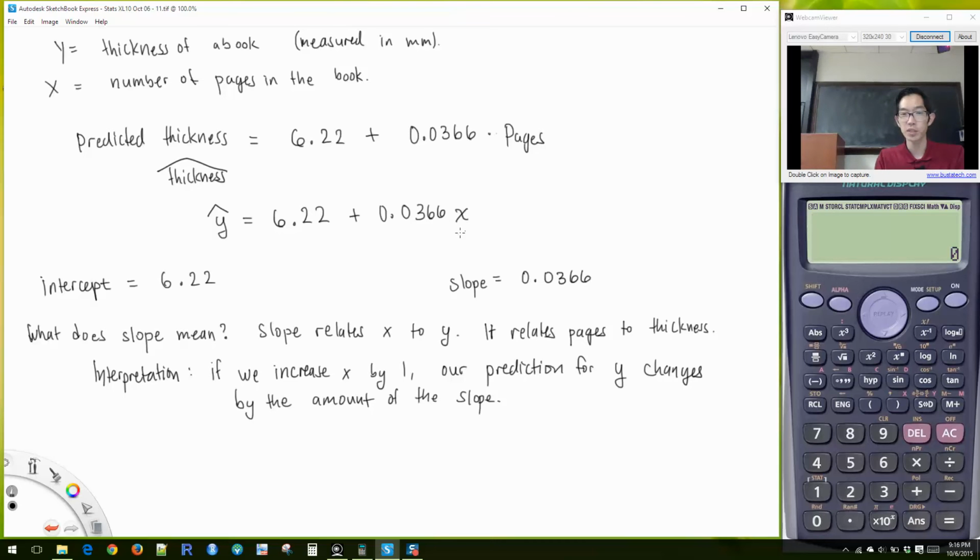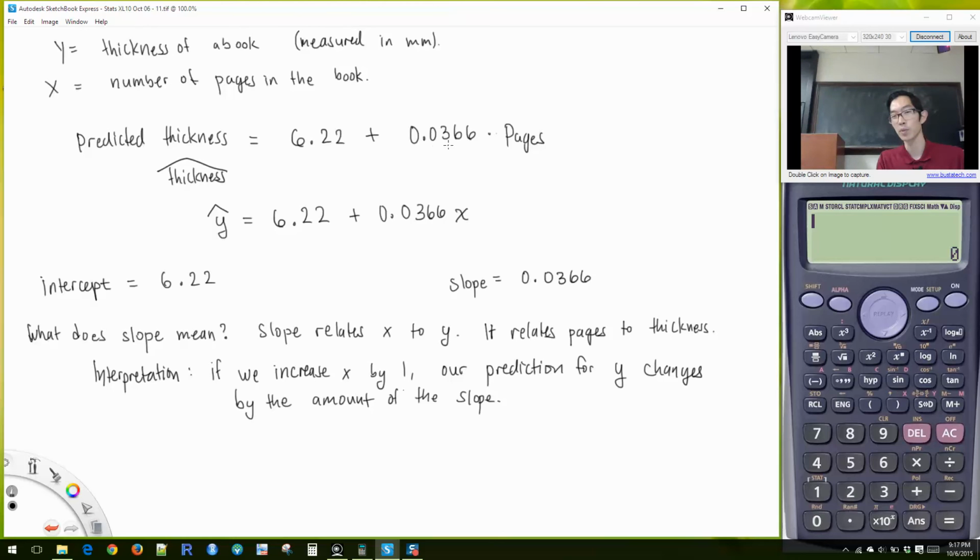So what does it mean to add 1 to x? X is the number of pages, so adding 1 would be adding a page to the book, right? So if we add 1 page to the book, our prediction for how thick the book goes up by how much?